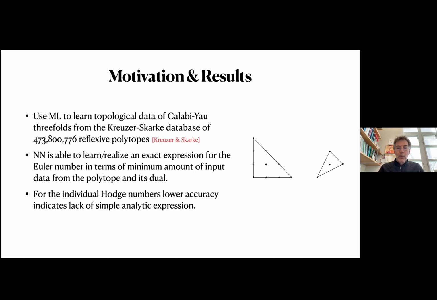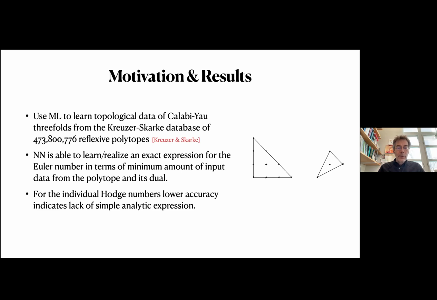And what we find is that the neural network that we used was able to learn an exact expression for the Euler number of the Calabi-Yau. The Calabi-Yau is realized as a hypersurface in a toric variety from these reflexive polytopes. And it's able to learn that with just 4 pieces of data that I'll specify later that depend on the polytope and its dual.